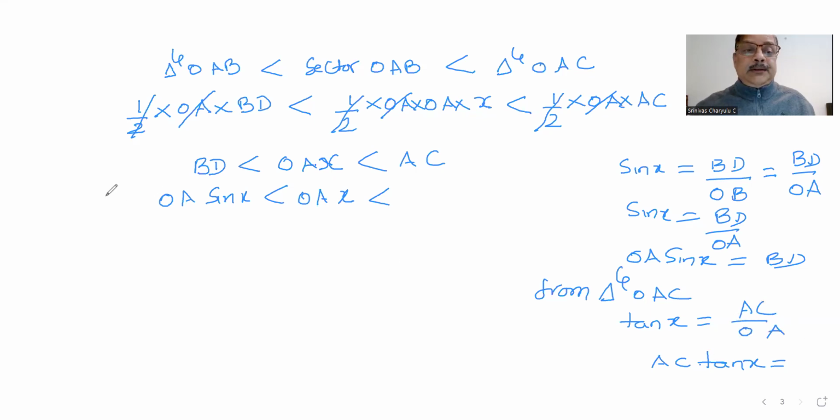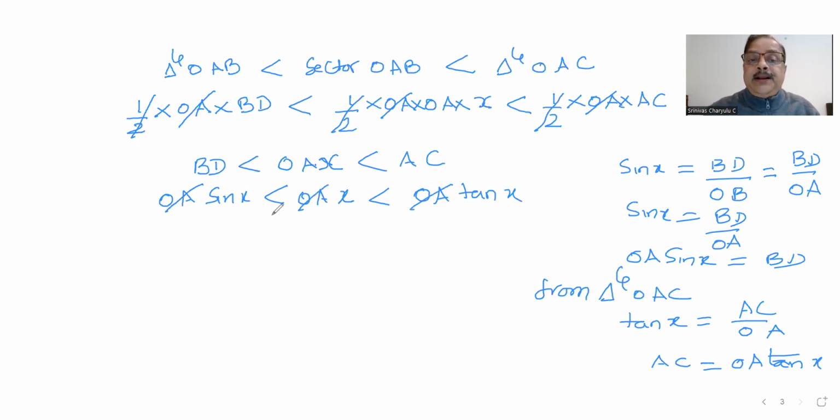So then from here, AC will become OA tan X. Okay. OA tan X. Again OA cancel.